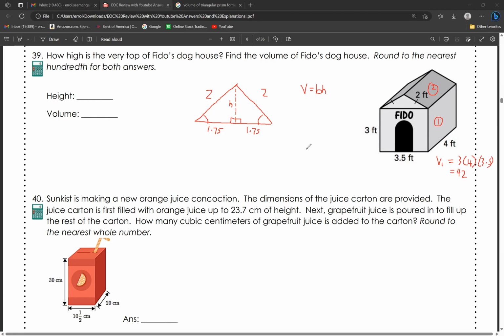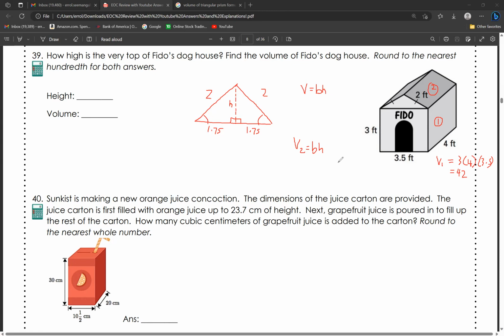So volume of shape 2 is what? Base times height. We know the base. We're trying to find the height. Do we know the volume though? Or can we find h?